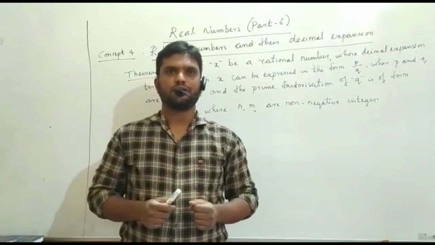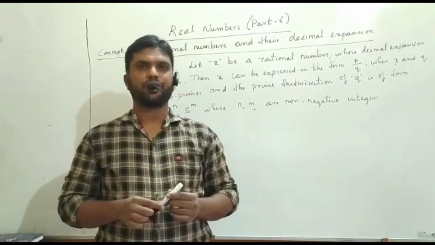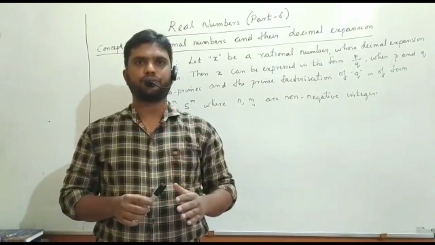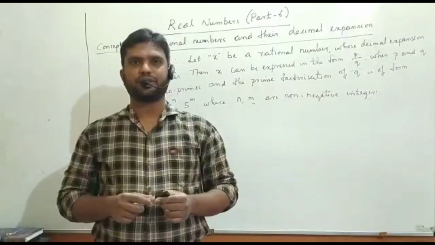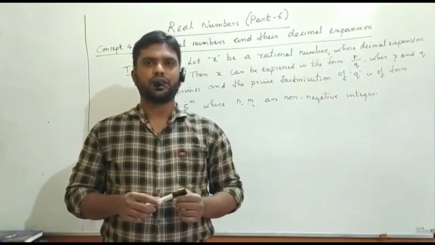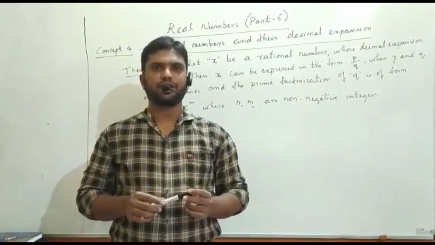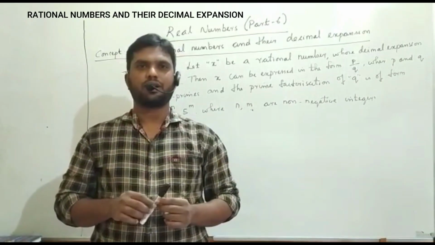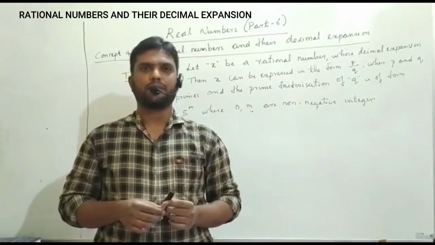Hello students, in the previous class we were dealing with irrational numbers, how to prove irrationality by the contradiction method. In today's class, the next part of the lesson, that is rational numbers and their decimal expansion.